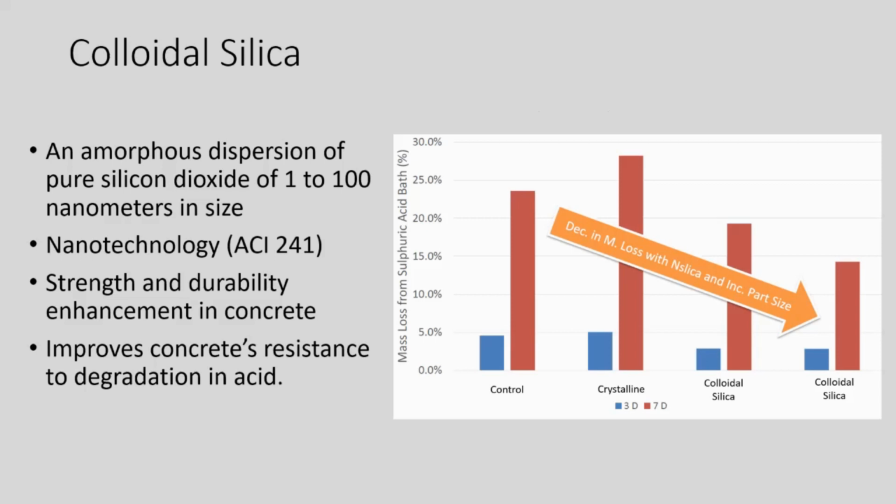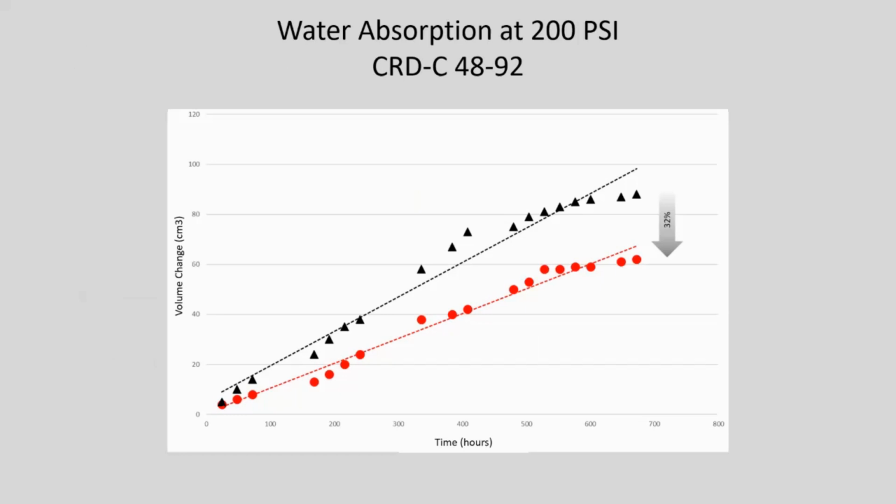Very small products, very high surface area, so they're very reactive. ACI Committee 241 Nanotechnology is studying these more and more, and there are papers coming out to discuss what these are. They add strength and durability, and they improve concrete's resistance in acid. They also reduce the penetration of water into the concrete.